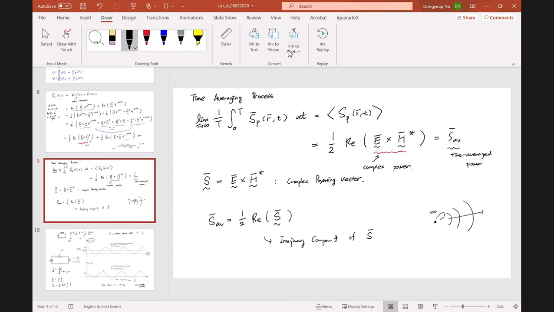And that power radiated and going back to the source describes the imaginary component of the Poynting vector. We call this the near field. That power flows back and forth near the point source, and only the time-averaged real part of the complex value describes the radiating field from this point source.